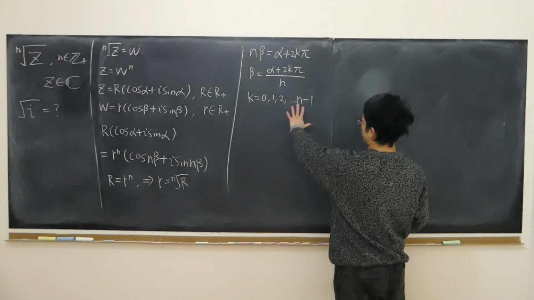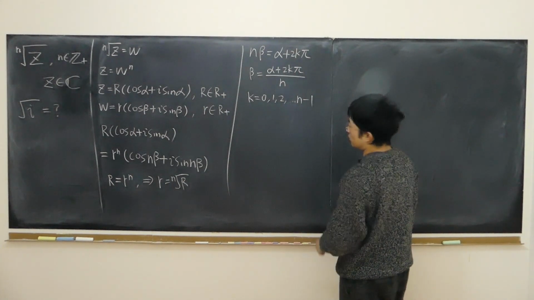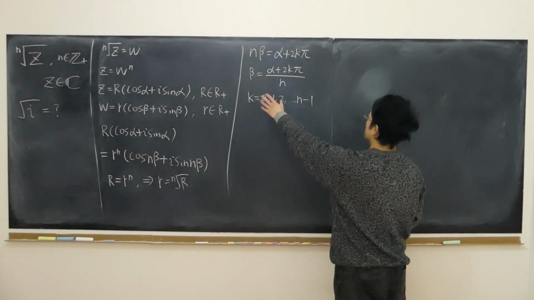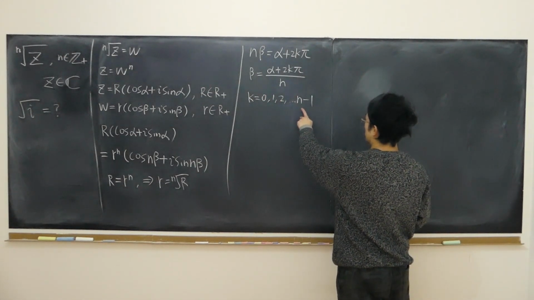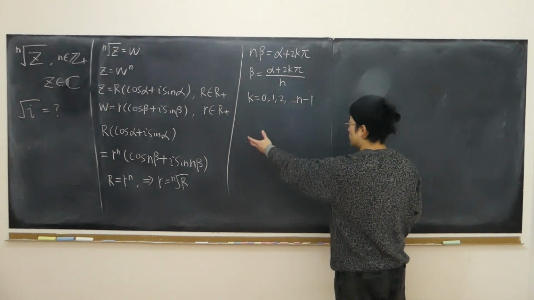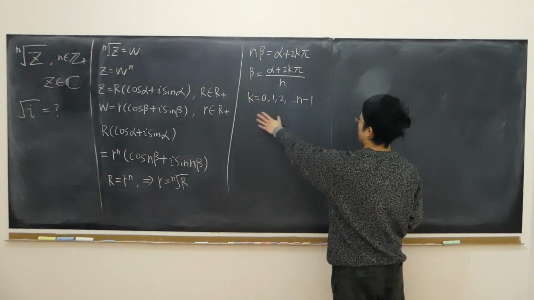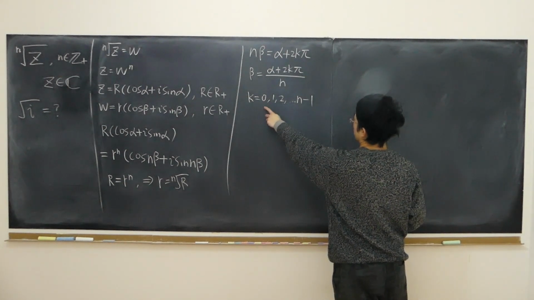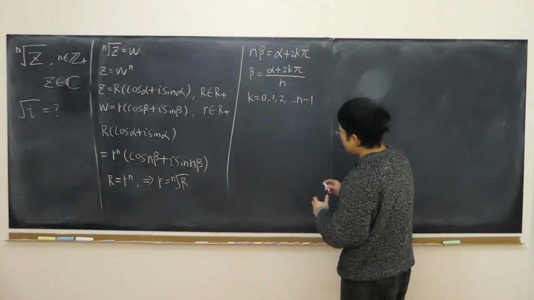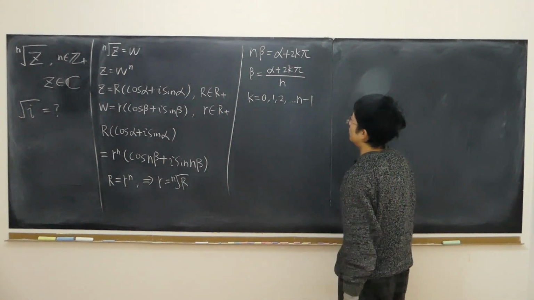And if k was equal to -1, -2 and so on, it'll be exactly the same as, for example, when k is equal to n minus 1. So we just ignore the negative cases, and only restrict k to 0, 1, 2, all the way up to n minus 1. So we have exactly n different roots that all satisfy that relation.